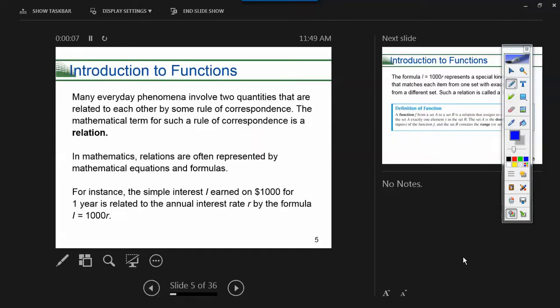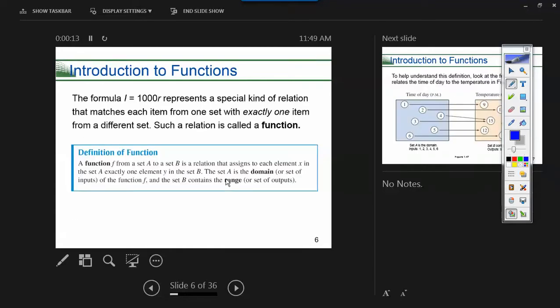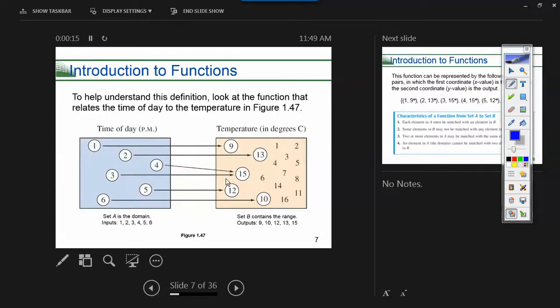So I don't know how much of this you need to write down. We'll work out a couple of different types of problems, and I'll talk to you about it. Okay, so that talks about relation. This talks about function. So one of the things you'll hear in your homework, or we'll hear today a little bit, is talk about functions verbally. Like here would be a function that relates the time of day to the temperature.